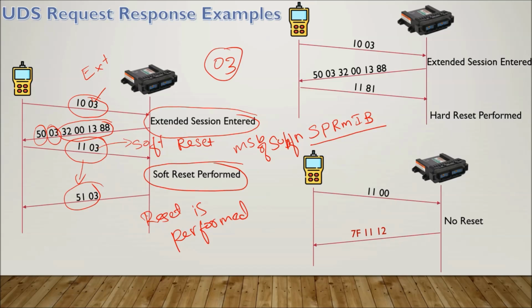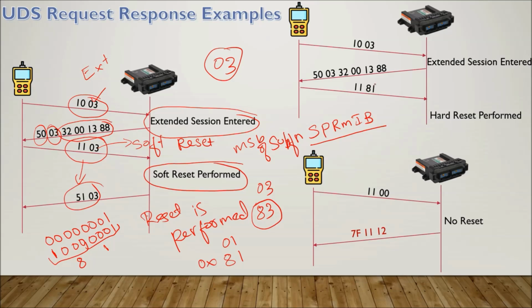So if the soft reset is 03, then 83 is soft reset with suppress positive response message. 01 is a hard reset, then 81. 01 in binary format is 00000001, and if you make the MSB 1, then it will be 10000001. So this is nothing but 8 in hexadecimal, and this is 1, so these are hexadecimal values.